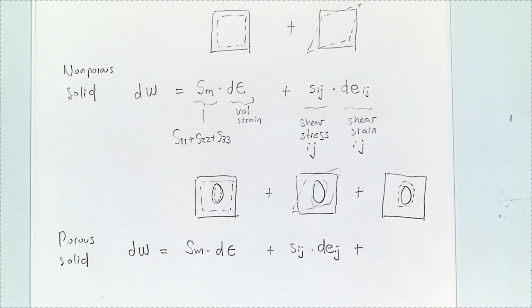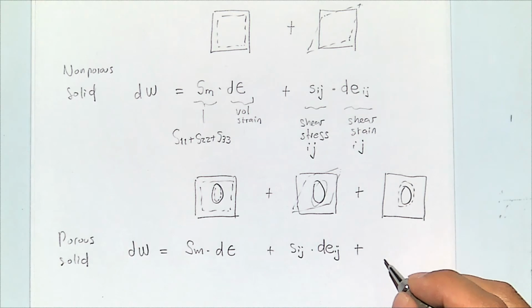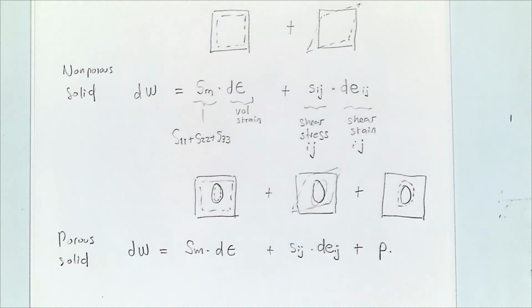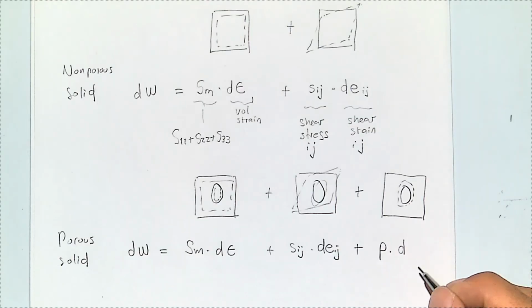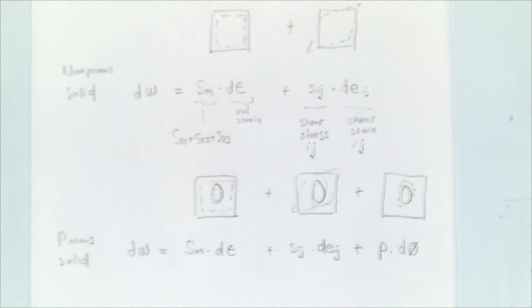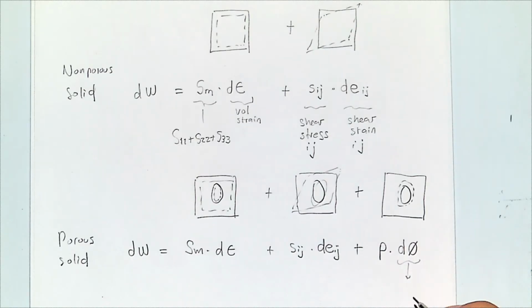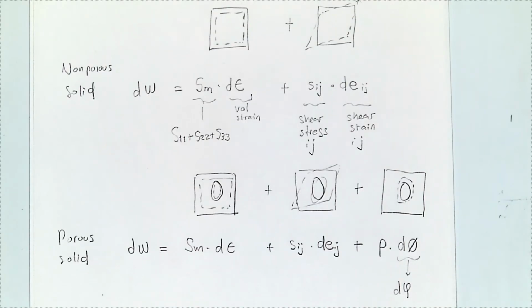And I'm going to have an additional component, which is going to depend on pressure. And that's going to be pressure times the change in porosity, where this is equal to also writing that.